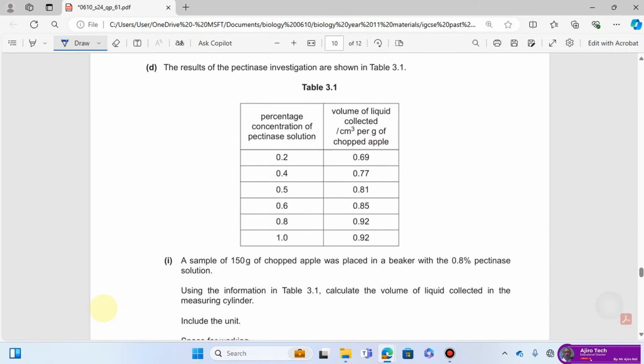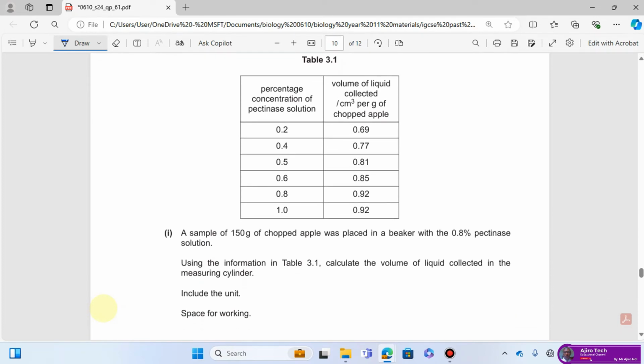And you say a sample of 150 gram of chopped apples was placed in a beaker with the 0.8 pectinase solution. Use the information in the table to calculate the volume of liquid collected in the measuring cylinder. Now, these are the various concentrations of pectinase used.